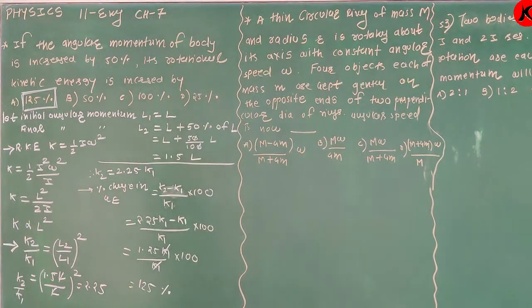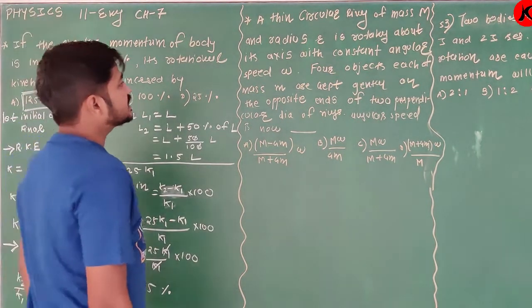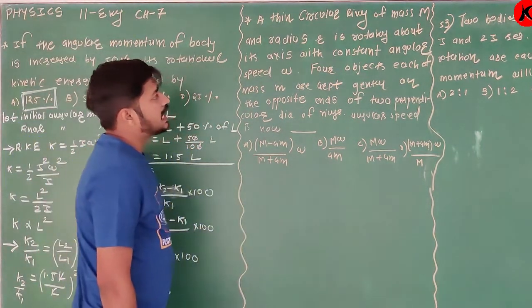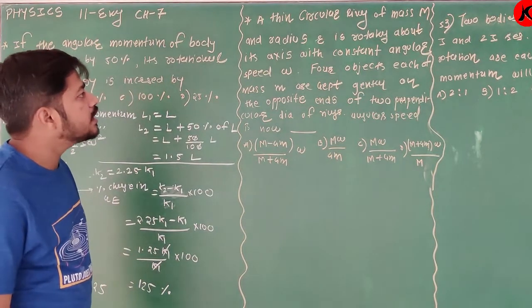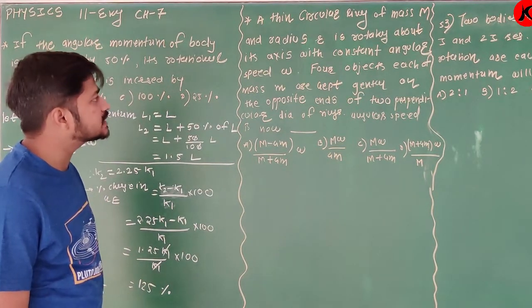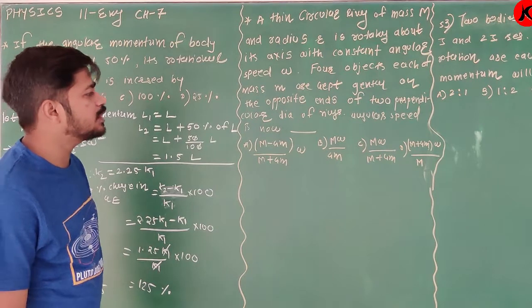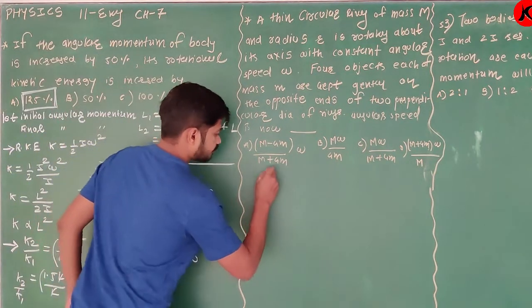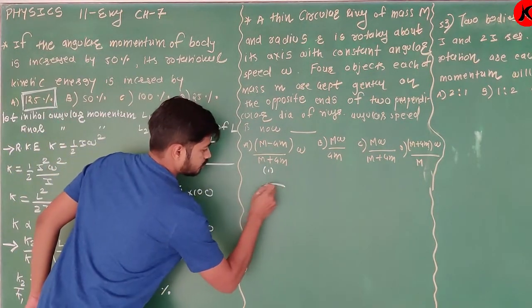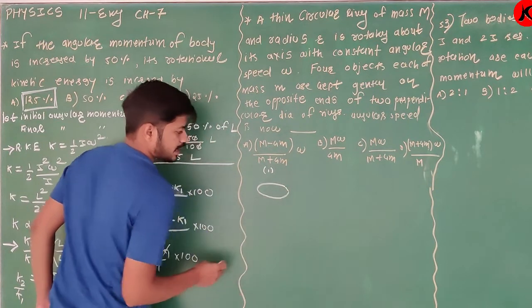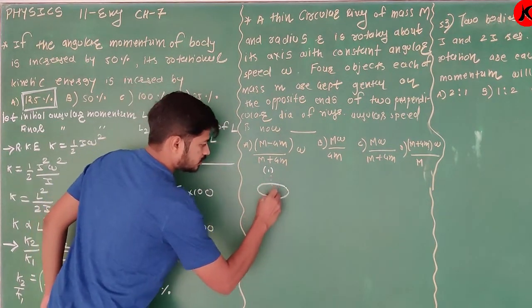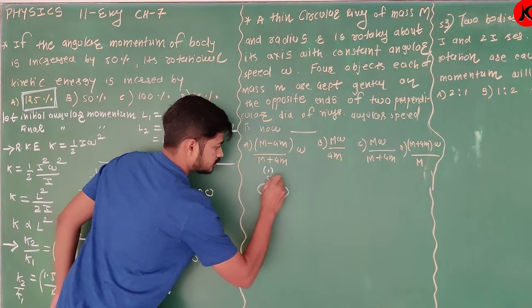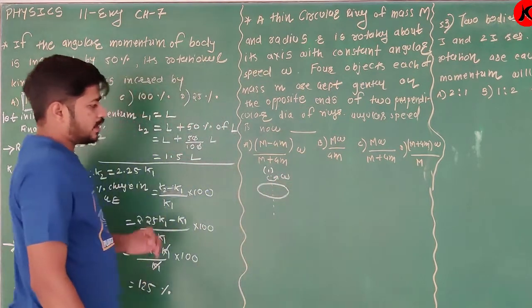See what is the next question? You are given a thin circular ring of mass m and radius r rotating about its axis with constant angular speed omega. First case, you are given only one ring, and that ring is rotating about this axis with angular speed omega.